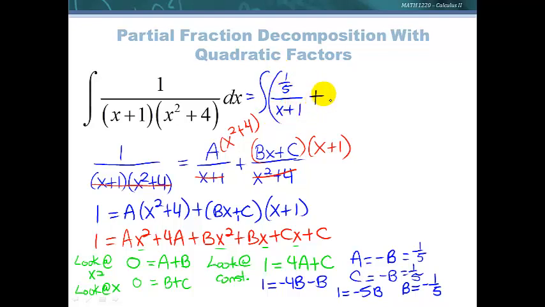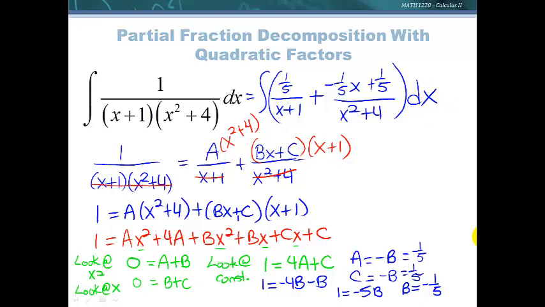And then plus, b was negative 1/5, so I'll put a negative 1/5 x, and c was 1/5, so plus 1/5 over x squared plus 4 dx.